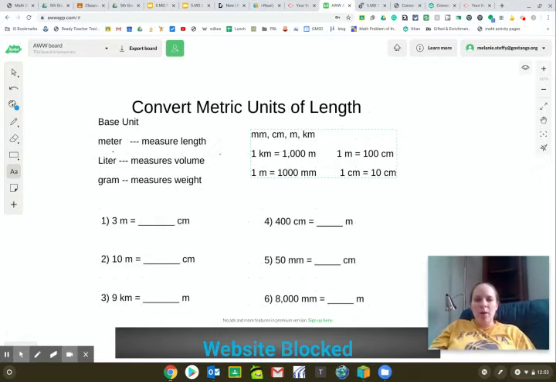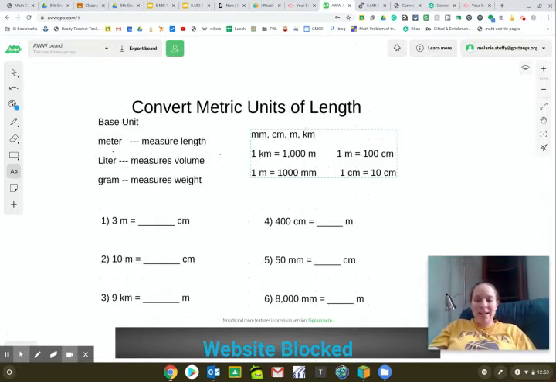For example, if you look right here, I have a couple of prefixes. The m stands for meter. That is our base unit. If I have kilo in front, you may hear some people call it kilometers, but that means 1,000. Kilo means 1,000, so kilometer means 1,000 meters.